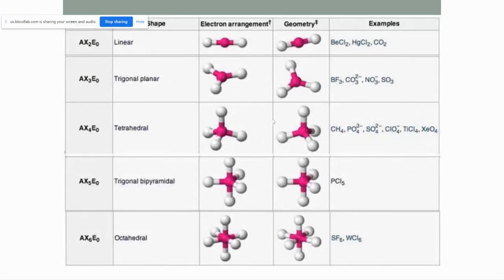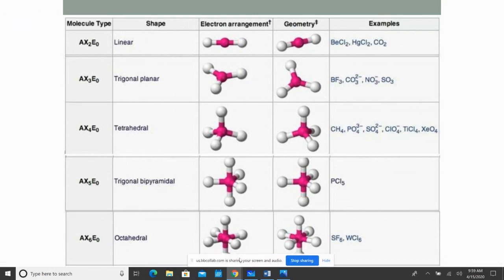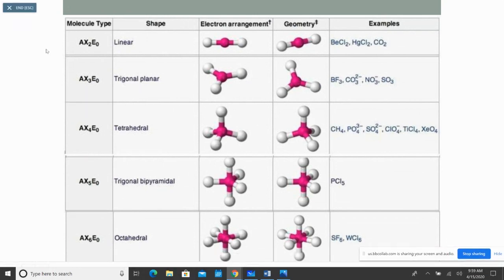Now I've given some examples of these molecules. This is the same slide as the other one, but this slide has some examples of molecules with this particular shape. That means if you have this AX2E0 notation, in my earlier slide it told me that it was linear, and these are some examples in the right-hand column that say BeCl2, HgCl2, CO2 are some examples of molecules that end up being linear.